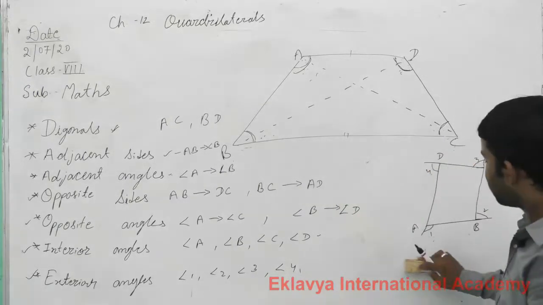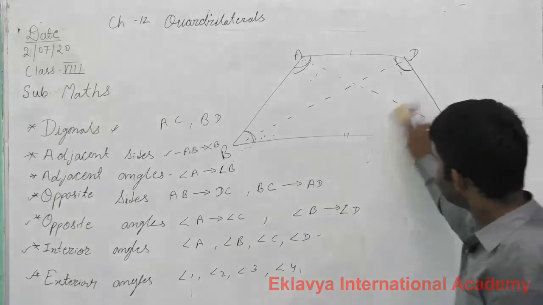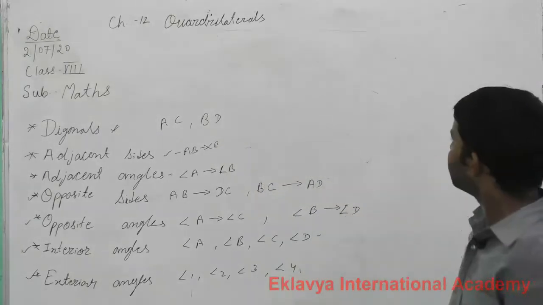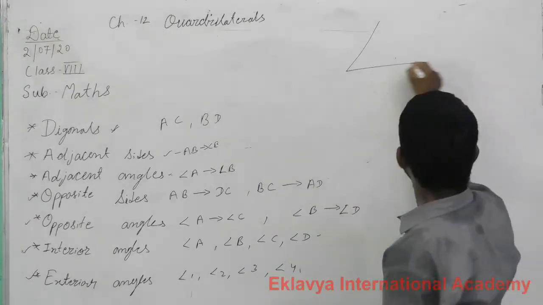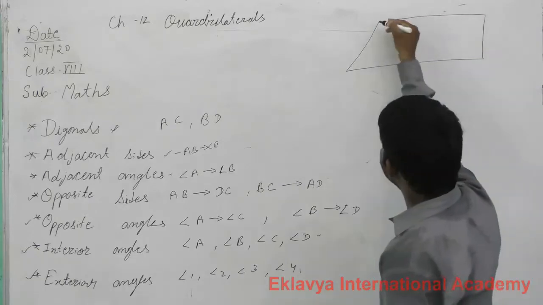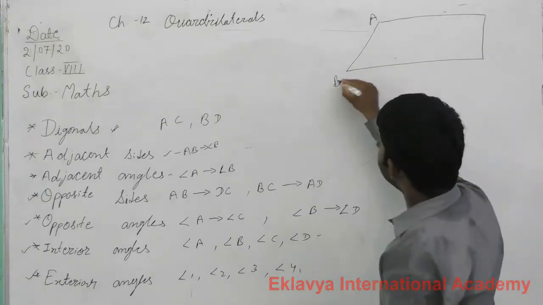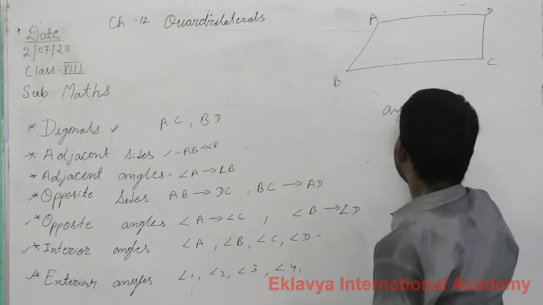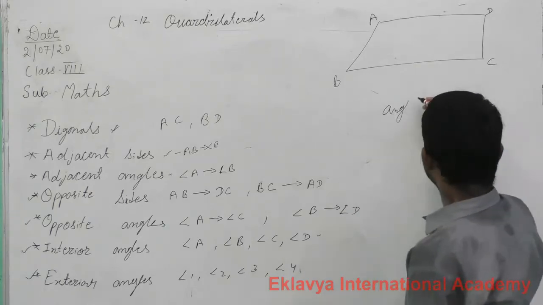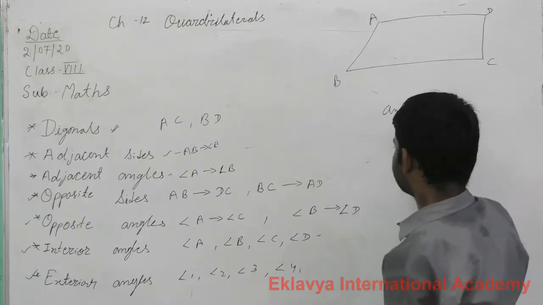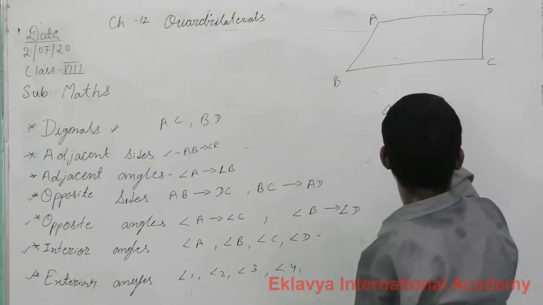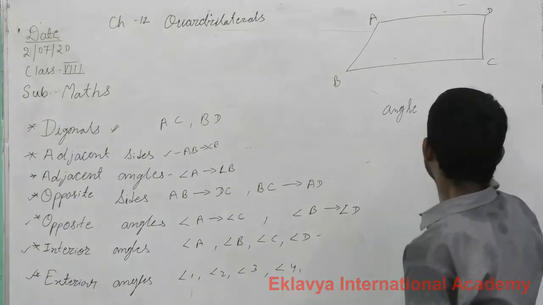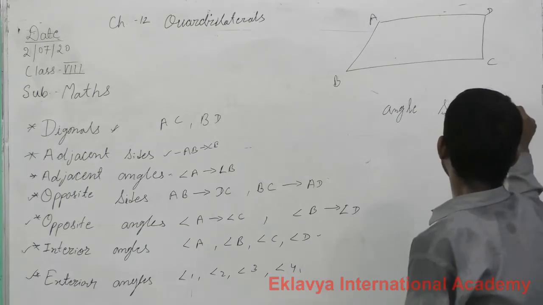Now we discuss about angle sum property of quadrilateral. Like in this quadrilateral A, B, C, D, its angle sum property.